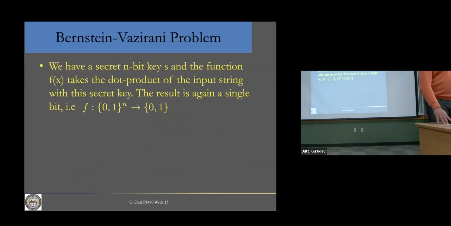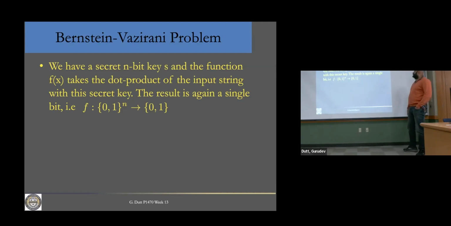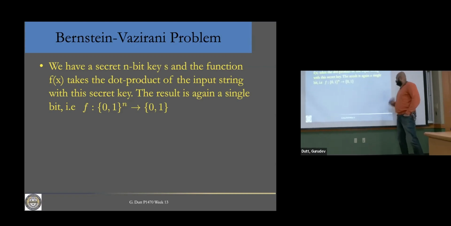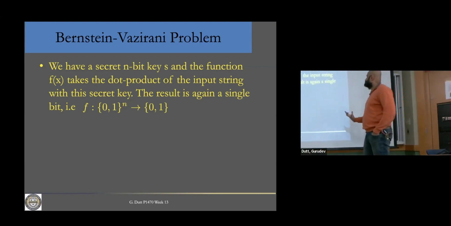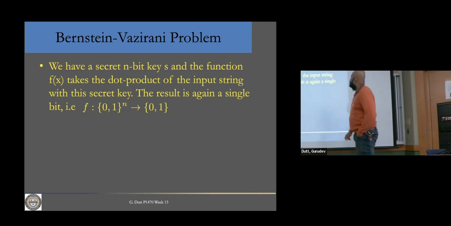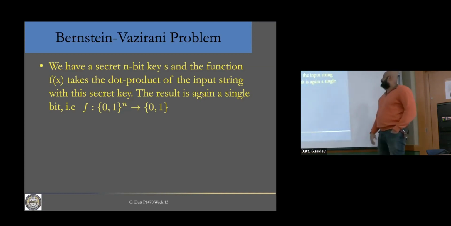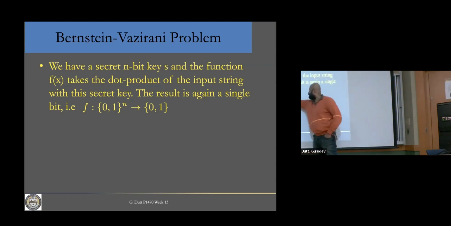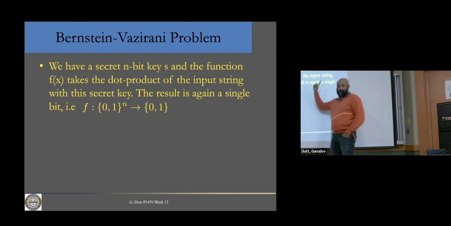Now I want to discuss another problem, which is similar to Deutsch-Jozsa but slightly different. It's called the Bernstein-Vazirani problem. The statement of the problem is, we have a secret n-bit key, S. There's a function f of x, which again takes us from n bits down to 1 bit.